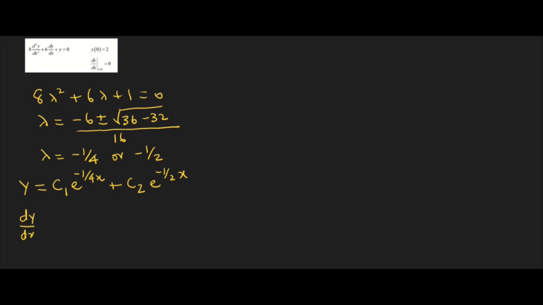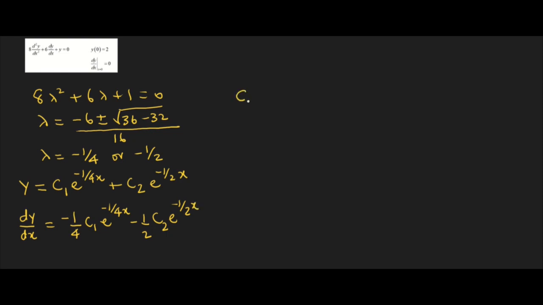So to do that, we first of all need to take the derivative of our general solution, which gives us dy dx equals minus a quarter c1 e to the minus a quarter x minus a half c2 e to the minus a half x.